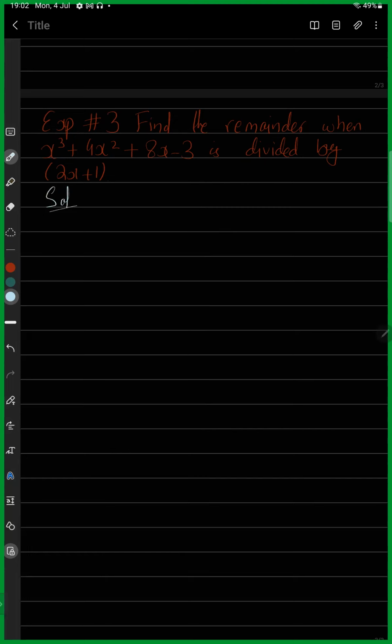So this time around, I know the divisor is 2x plus 1 equals 0. And this would give me x equals minus 1 by 2. And the function is, or the polynomial is f of x, and it is equal to x cubed plus 4x squared plus 8x minus 3.